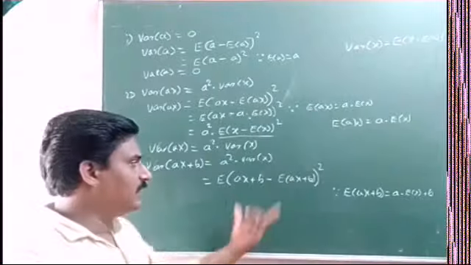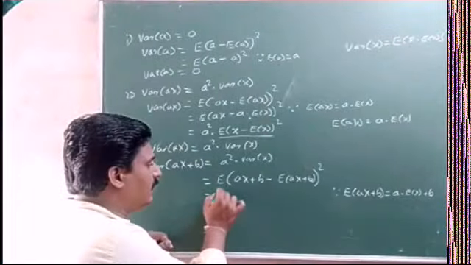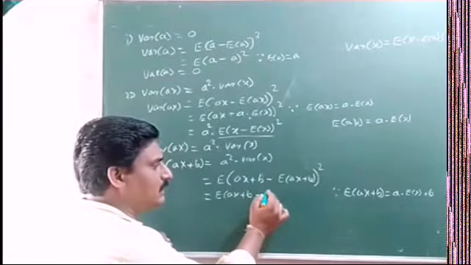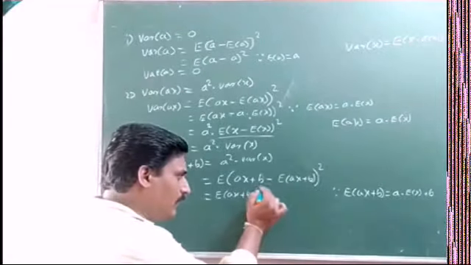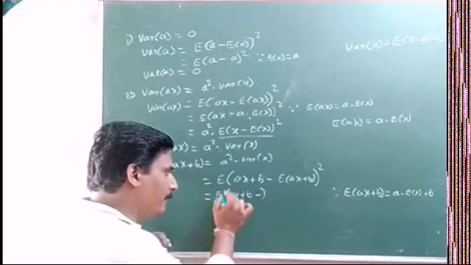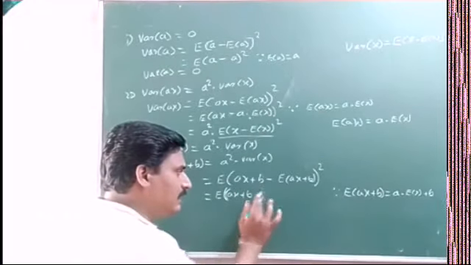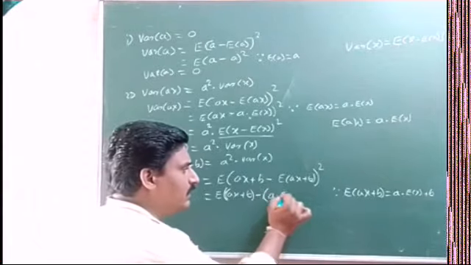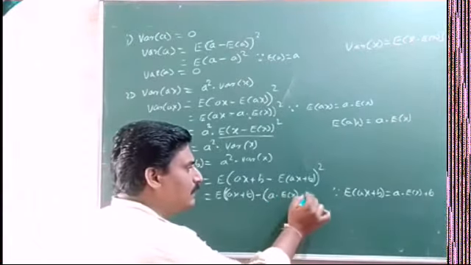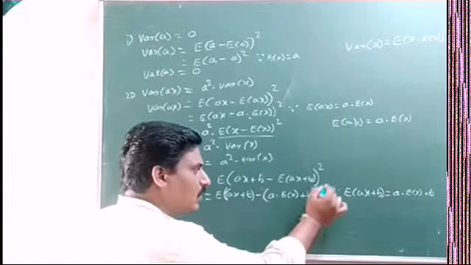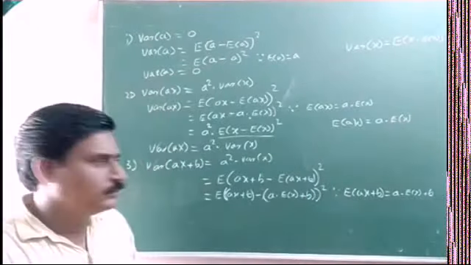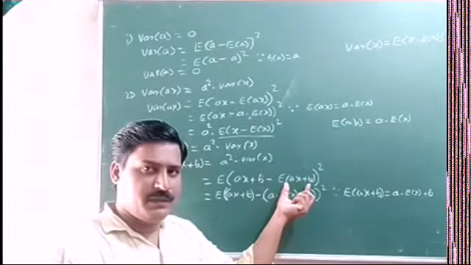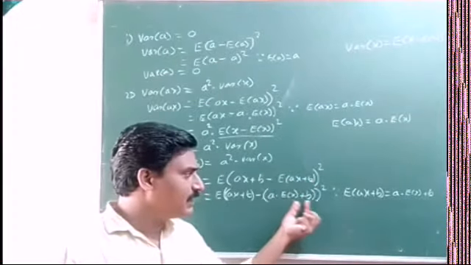So fill the same in the formula here: E of ax plus b minus, I will put a bracket here, minus a into E of x plus b whole square. So E of ax plus b becomes now a into E of x plus b.